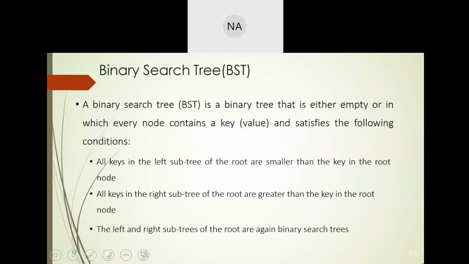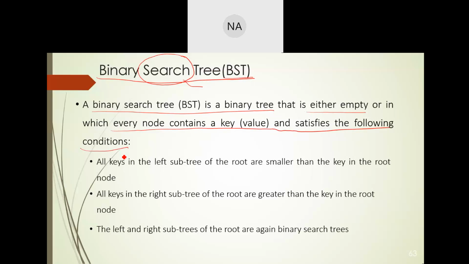Now we will discuss another type of binary tree, which is called the binary search tree. Obviously the use of this kind of tree is for searching. That's why it's called binary search tree, or BST in short. So a binary search tree is a kind of binary tree that is either empty or in which every node contains a key that satisfies the following condition.